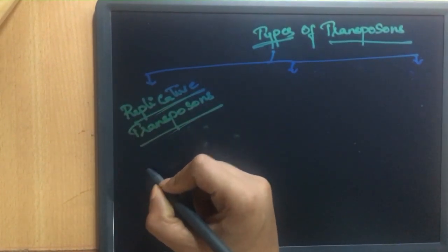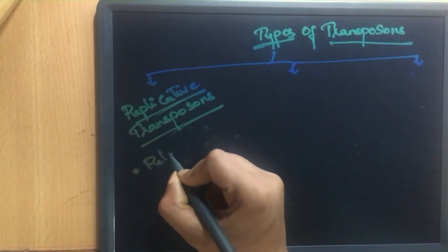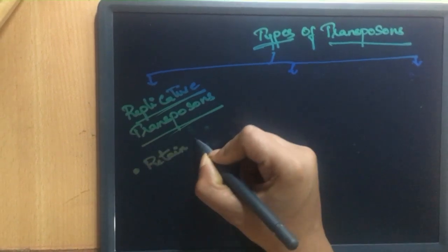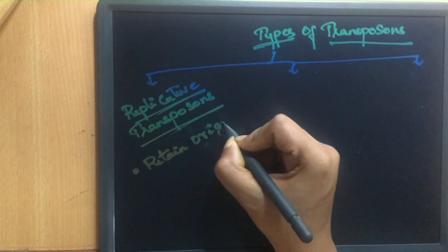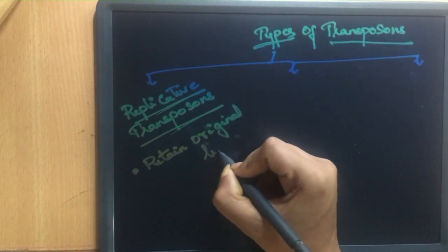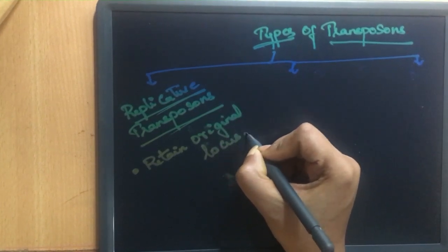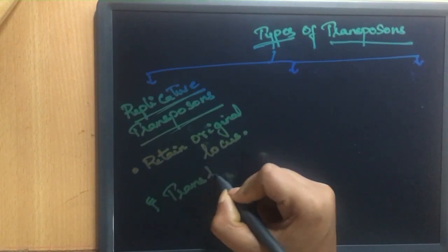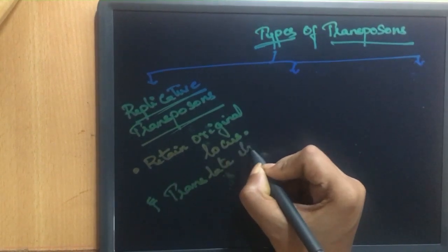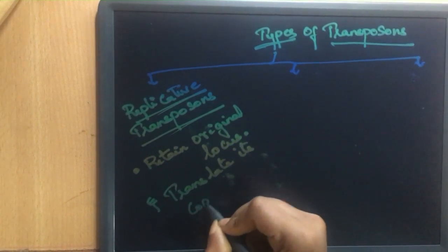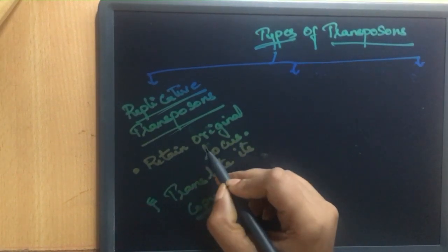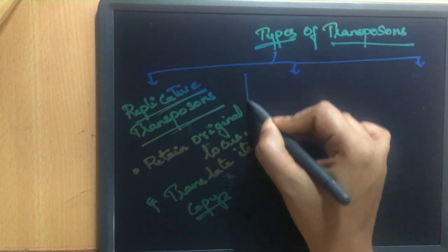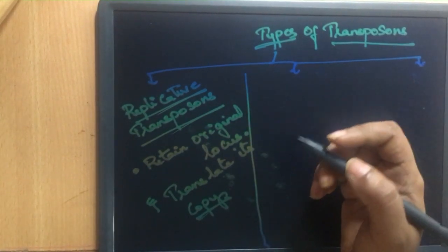These transposons retain the original locus and translocate a copy of themselves.